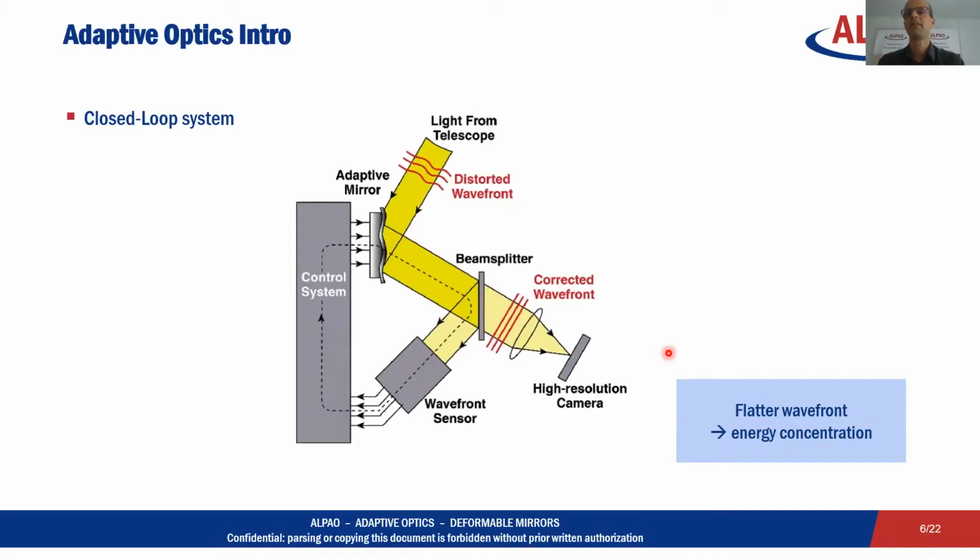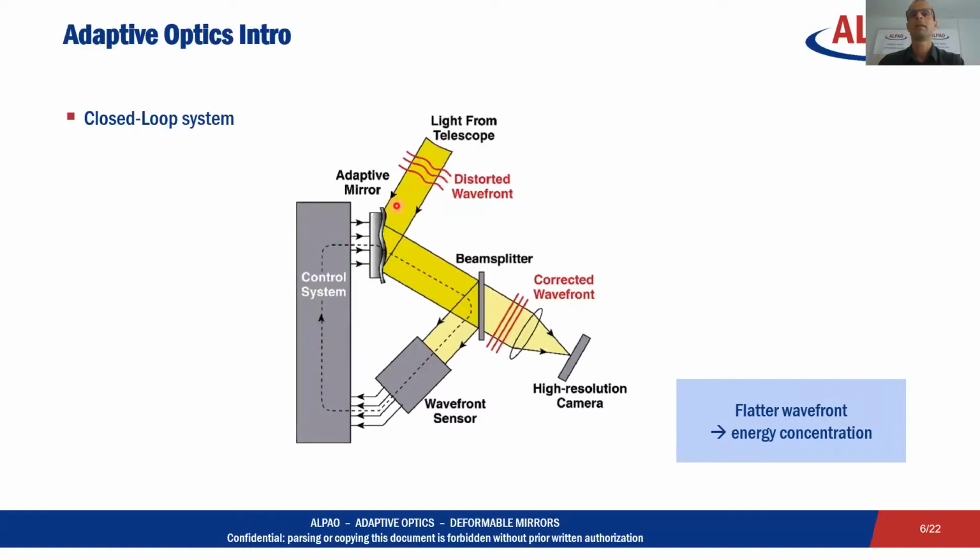We have here a very classical schematic for an AO system in closed loop fashion. The light up here comes through the atmosphere with a wavefront that is distorted by propagation through turbulent layers.